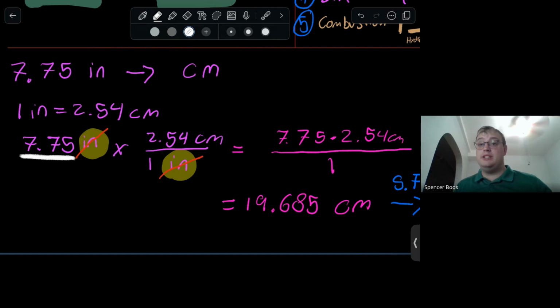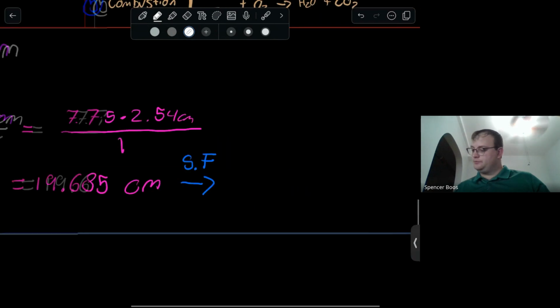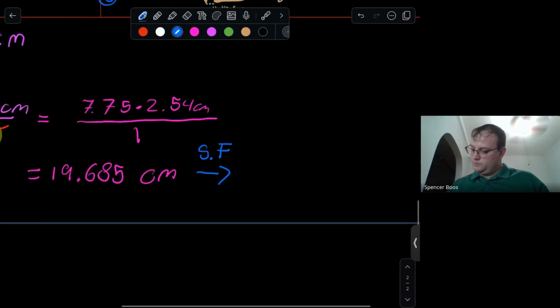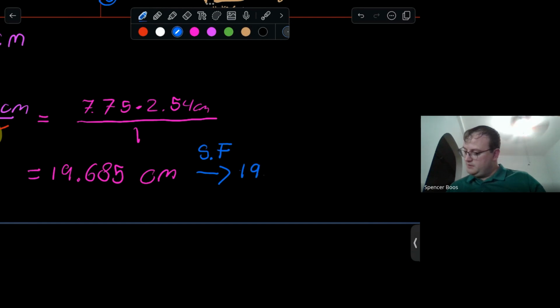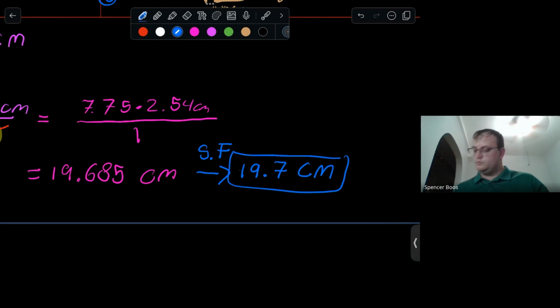Here, I have 3 sig figs. So that means your final answer needs to have 3 sig figs. And again, we know it's 3 sig figs because that's what we started off with.